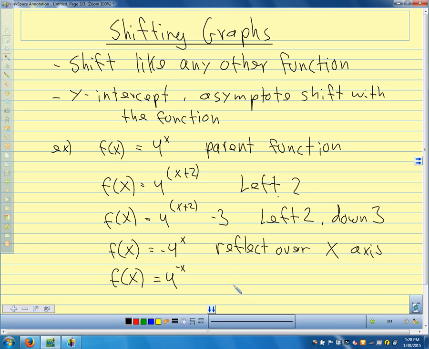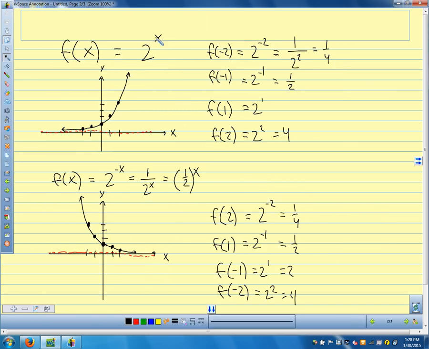What is that going to do? Let's go back here. Here's 2 to the x, and here's 2 to the minus x. What happened to these two graphs? Reflected over the y-axis. So putting a negative in front of our exponent reflects us over the y-axis.